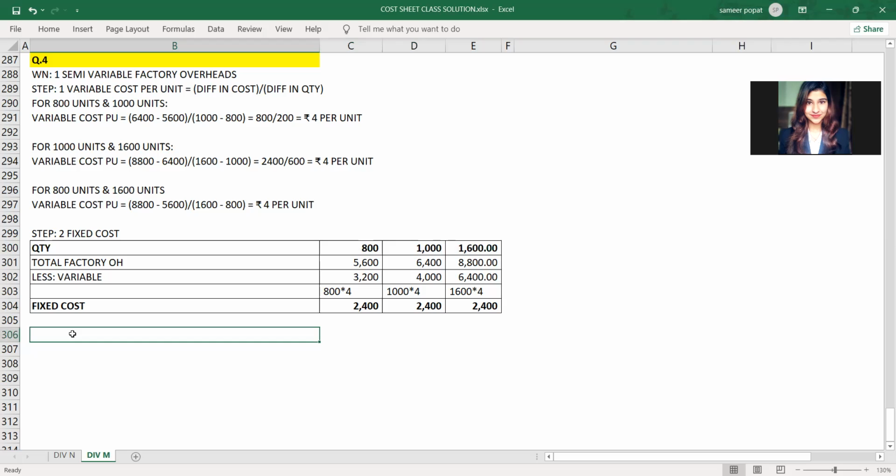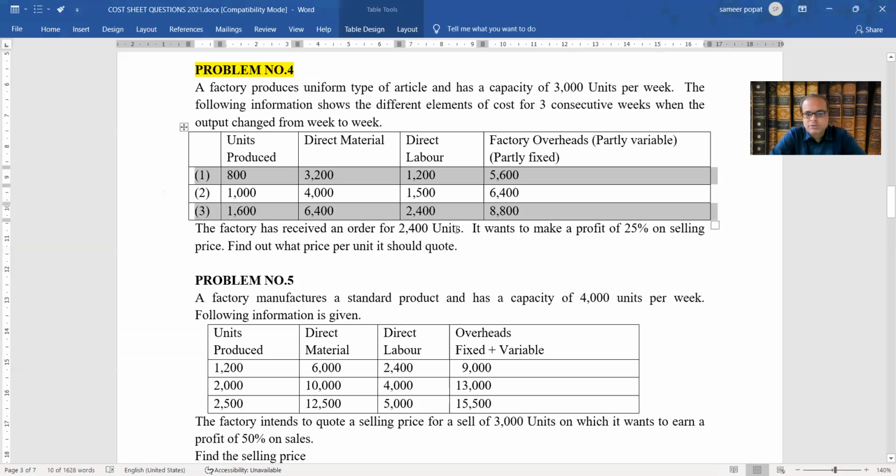Okay. Now let us prepare the cost sheet. Now we know how much cost is there in fixed and variable component in case of factory. Now based on that, we can prepare the cost sheet.